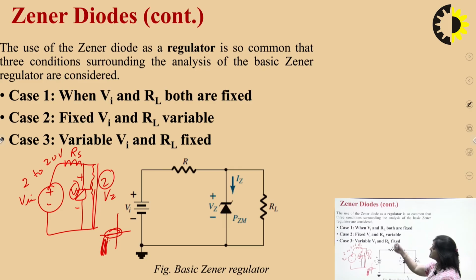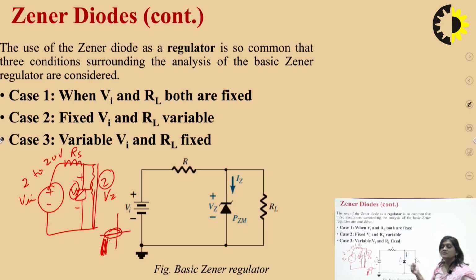So in the first case, when Vi and RL both are fixed, we will find the voltage across the zener V due to the Vi voltage, and if this voltage is greater than Vz, then zener will act as a voltage regulator. And in case 2, fixed Vi and variable load, we have to provide the load regulation. RL load is continuously varying, due to which the output voltage is varying.